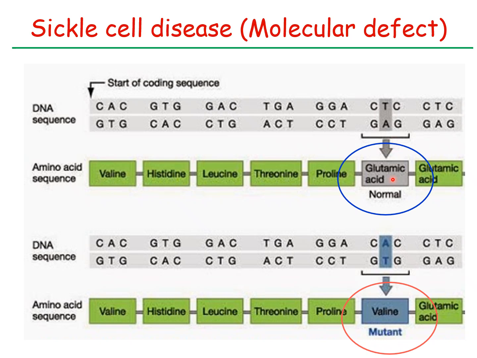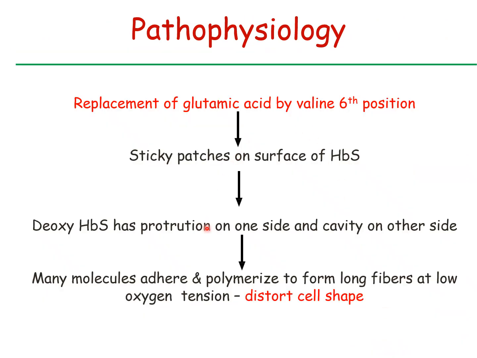But once the point mutation happens, valine is replaced instead of glutamic acid. Valine is hydrophobic in nature, glutamic acid is hydrophilic in nature. Replacement of a hydrophilic amino acid by a hydrophobic one may cause polymerization of hemoglobin that leads to sticky patches in RBC. So this is the pathophysiology I want to tell.